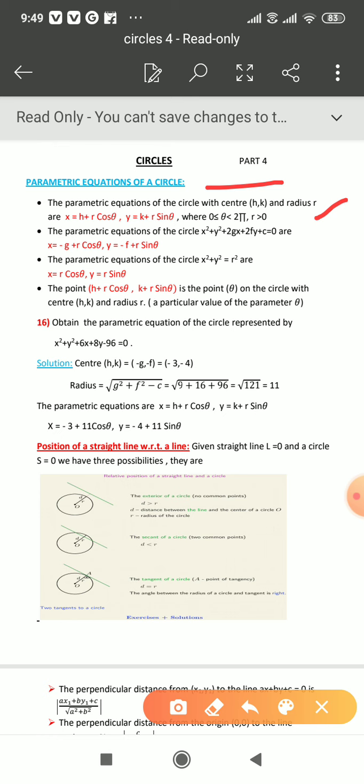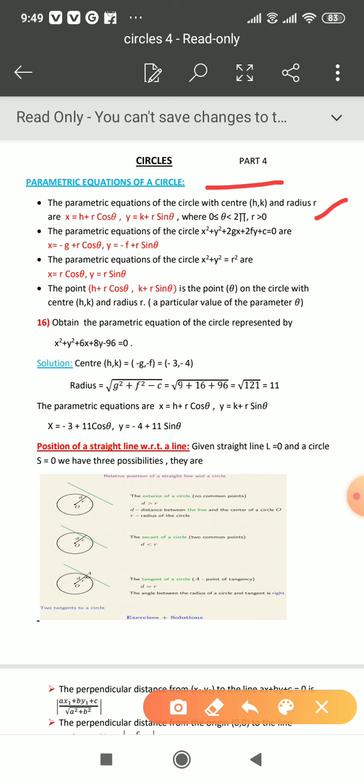So the parametric equations of a circle with center (h, k) and radius r are x equals h plus r cos theta, y equals k plus r sin theta. If the center and radius are given, use this formula. If the equation of the circle is given like x square plus y square plus 2gx plus 2fy plus c equals 0, that is the second point.